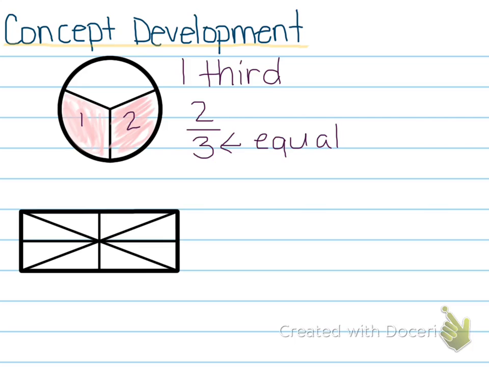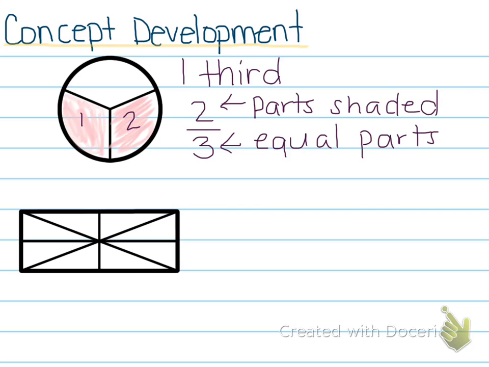So the circle has 3 equal parts. And this top number is how many parts we're talking about. In this case, 2 equal parts are shaded. So let's just review.